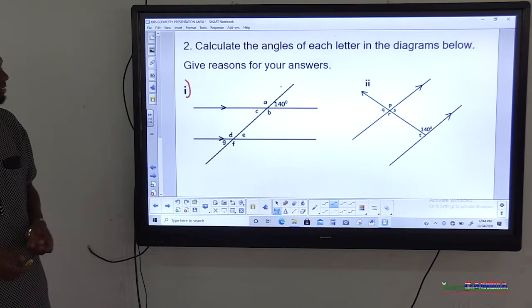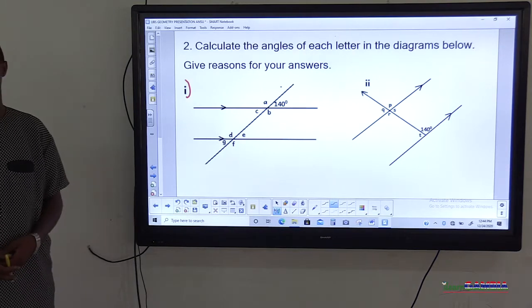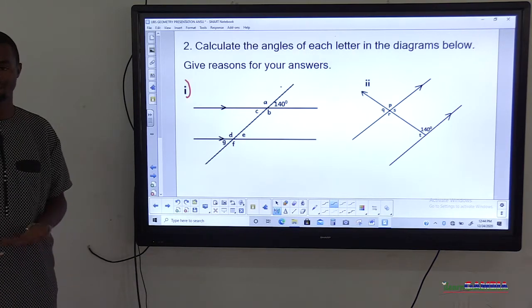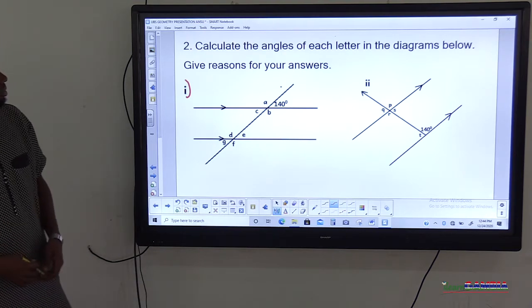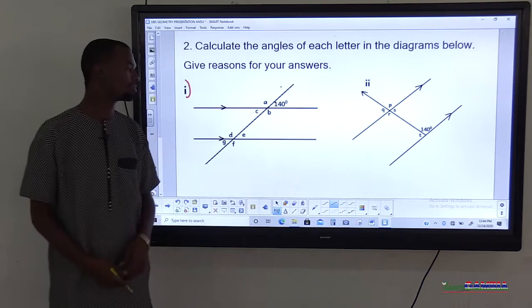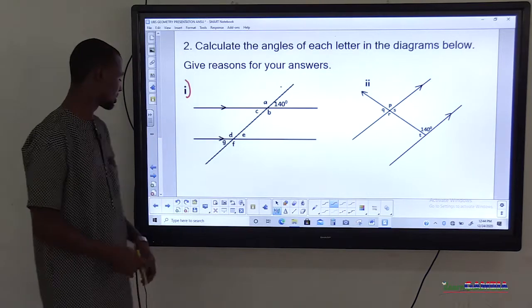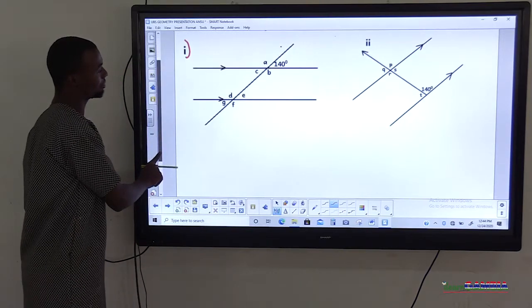Which one should we find first? We can find A, which is a supplementary or straight line angle. You can see A and 140. So we start with A first.